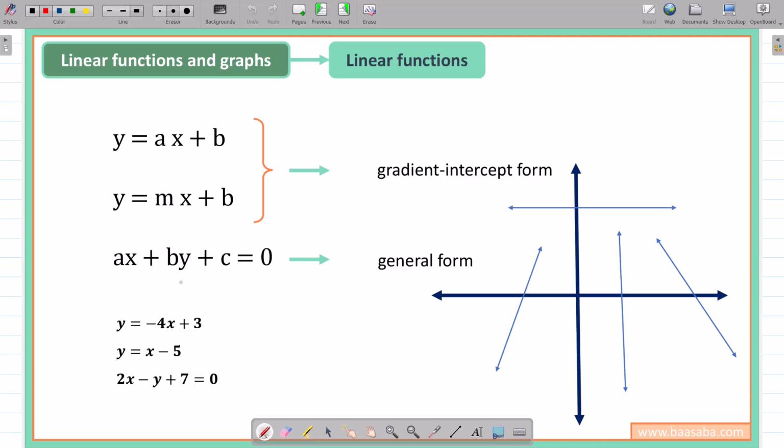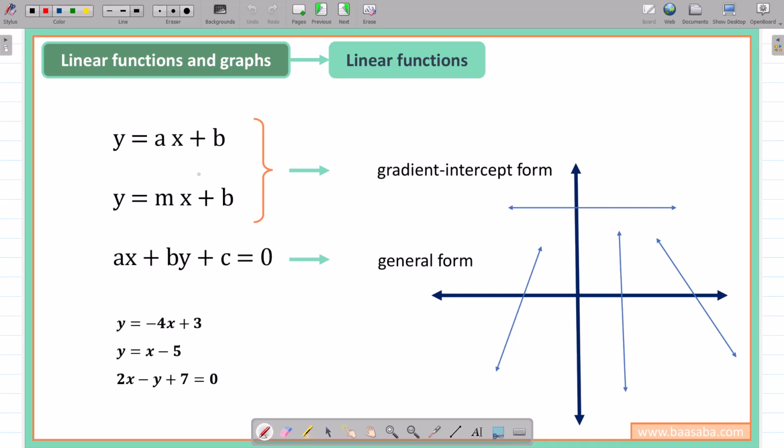Another form of a linear function is the general form. Here we have all the terms on the left side of the equation and we have 0 on the right side of the equation. As you can see, we have a variable x, we have a variable y, and we have a constant term.